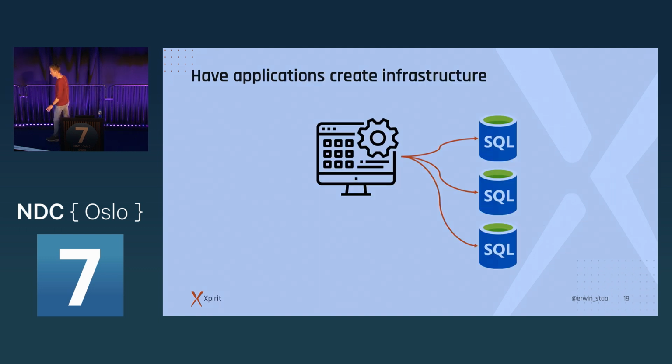And another thing that you can also do is have applications create infrastructure. I once worked on a project where we had a UI built for a client, and part of that application was that we needed to create SQL servers and SQL databases in the Azure cloud for the client. The client needed to be able to go into the UI, say I want a new environment, and a database had to be created.